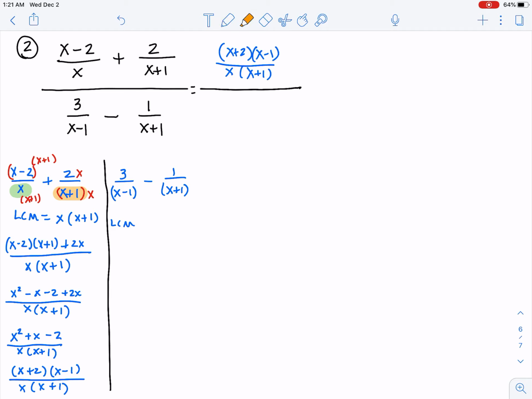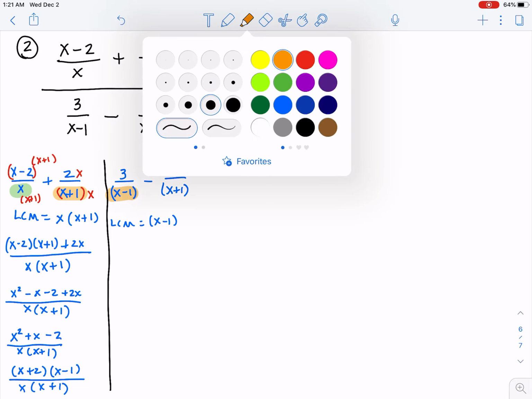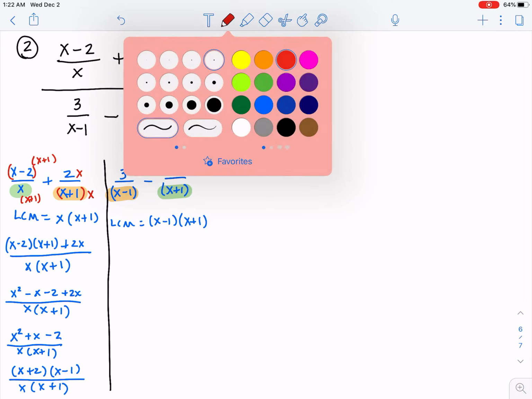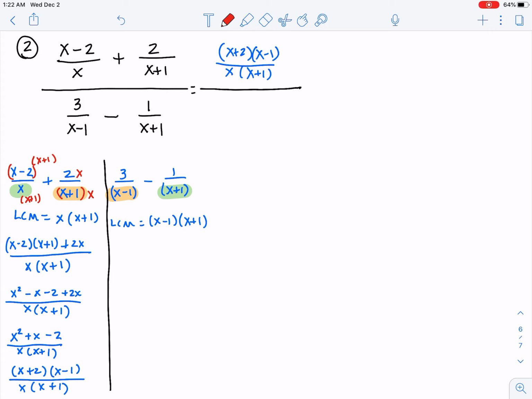Well, I've got an x minus 1, and then I have an x plus 1. Let me grab that red. This first term, I'm multiplying by x plus 1, and the second term, I'm going to multiply by x minus 1, top and bottom.